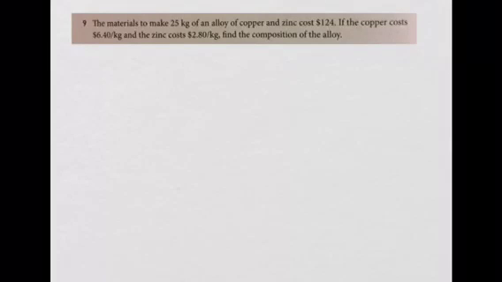Okay, question 9 on page 32 of 1.6 of the Reasoning and Communication questions on simultaneous equations. I haven't actually read through this yet, just starting from scratch, to show you how I work through it. The materials to make 25 kilograms of an alloy of copper and zinc. That's probably important.